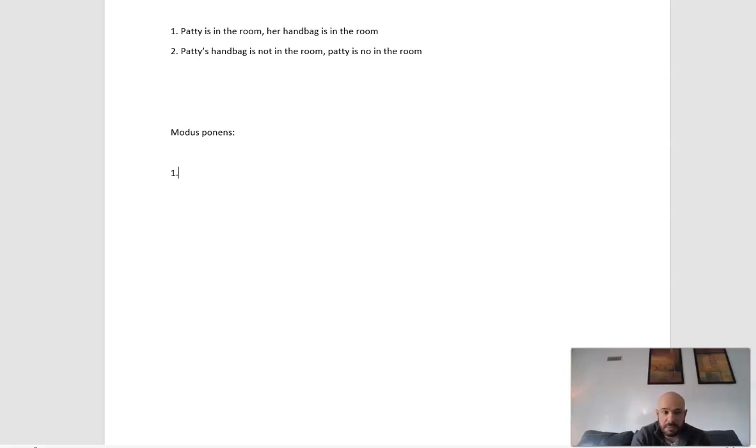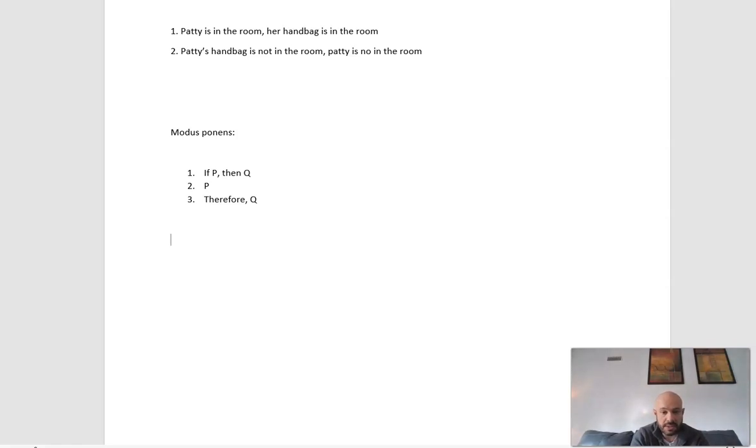Modus ponens is a three-premise argument. And then the important part of the modus ponens is mostly premise one. It's telling us what it's doing, and so we want to know, well, why is modus ponens valid, right?